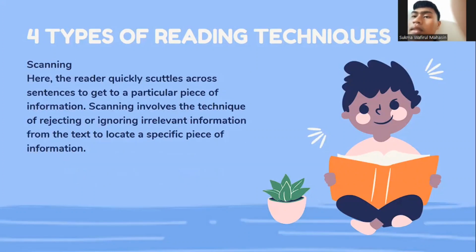The second is scanning. Scanning is a reading technique used to locate specific information within a text quickly. When scanning, the reader quickly moves across sentences to get to a particular piece of information. It means readers have a particular goal in mind and are searching for specific words, phrases, or pieces of information without necessarily reading the entire text.